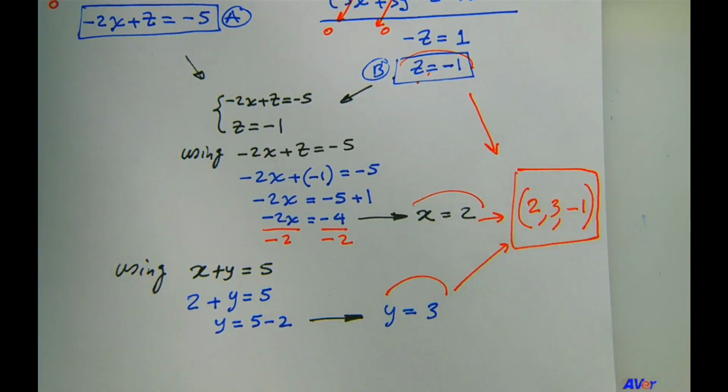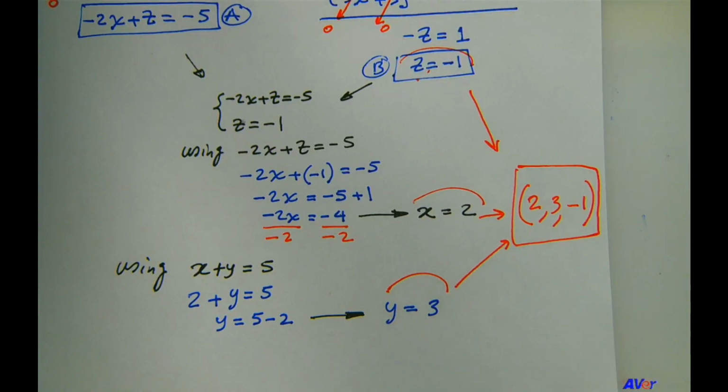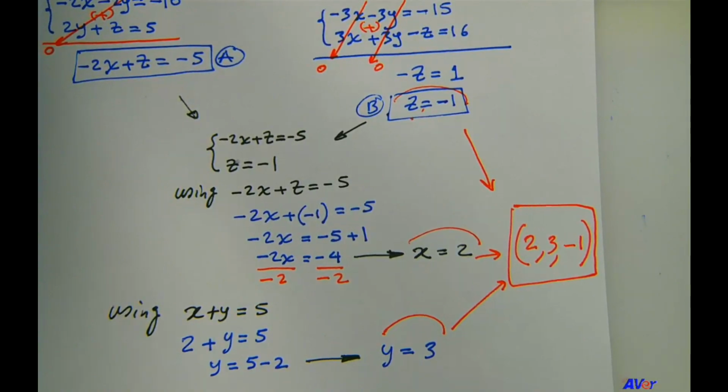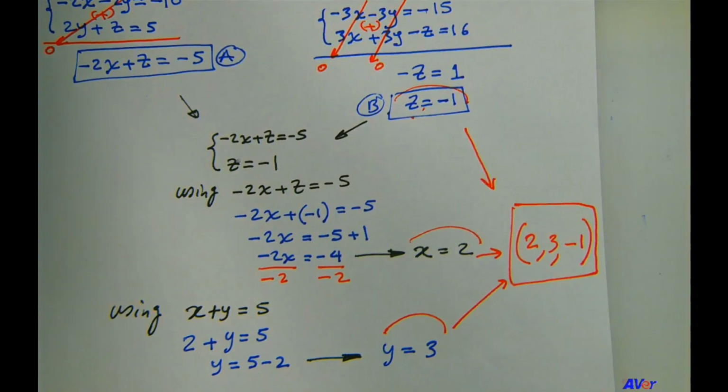Those three lines intersect each other in three-dimensional space at this point. 2, 3, negative 1. All right. I hope this is making sense, and I hope that your own solution matches with what I have here.